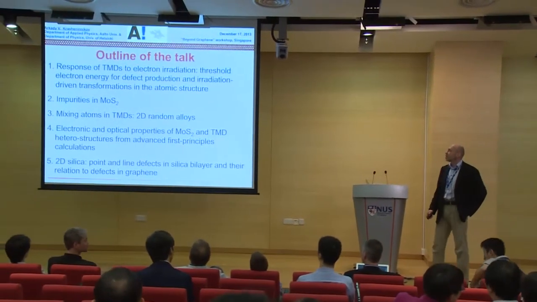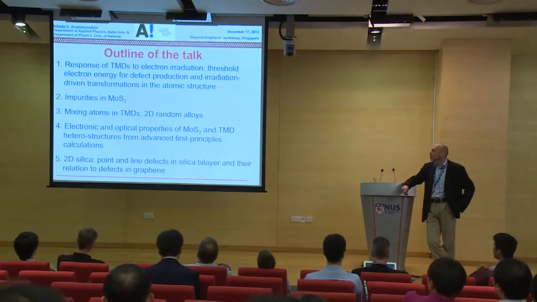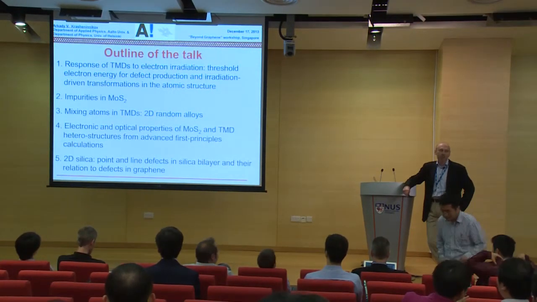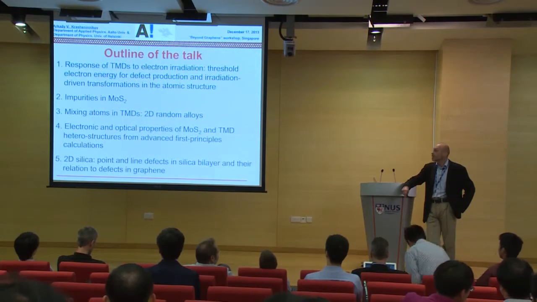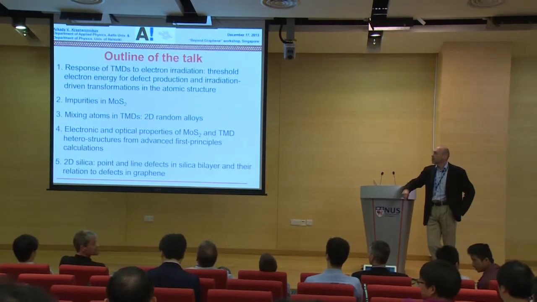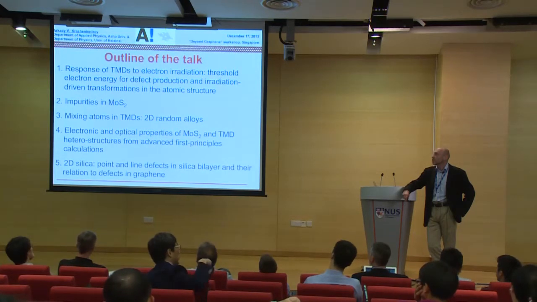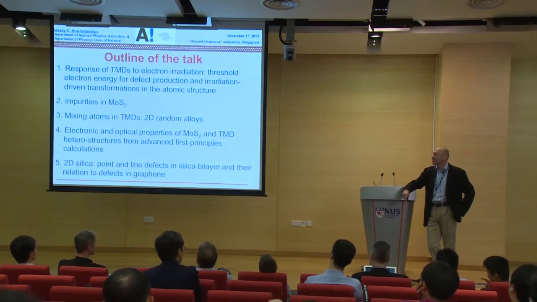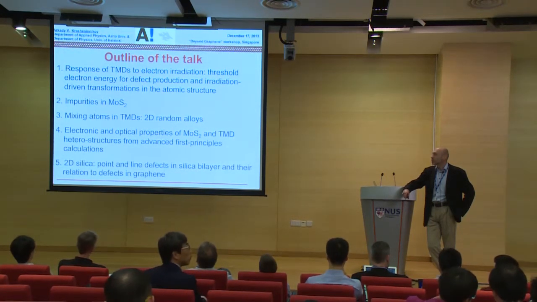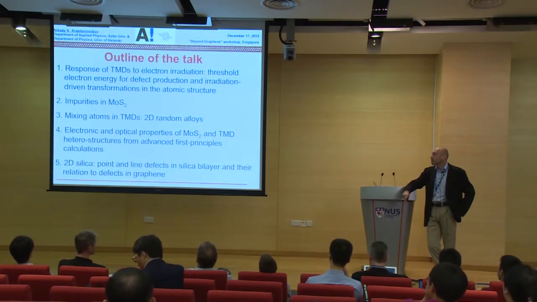Here's the outline of my presentation. I don't need any introduction to what dichalcogenides are, so I'll move on to the response of dichalcogenides to electron irradiation. Then a little bit about impurities in molybdenum disulphide, specifically impurities which can be introduced during the growth stage, and also using post-growth methods, essentially using an electron beam.